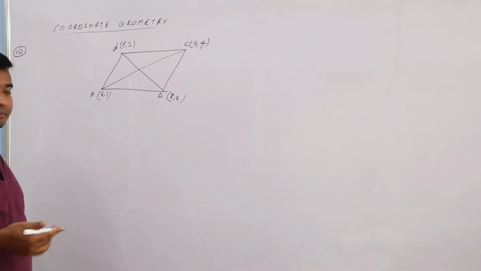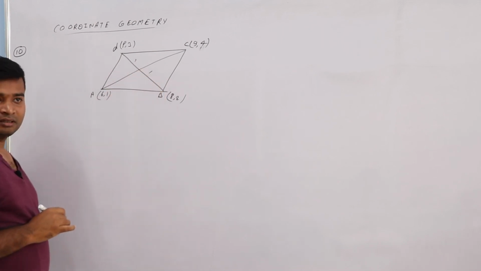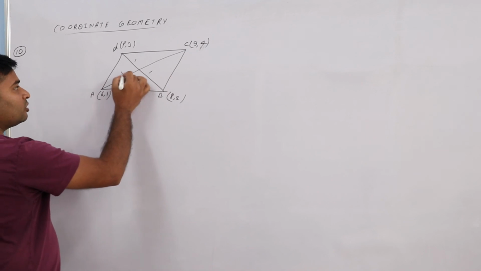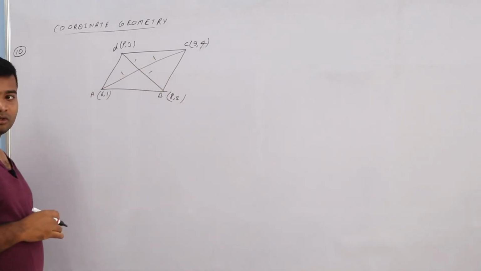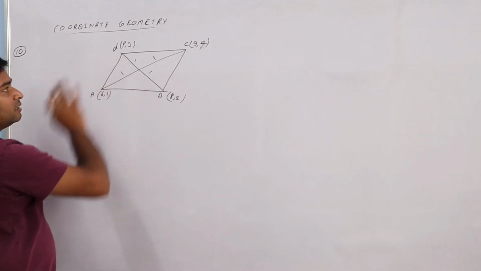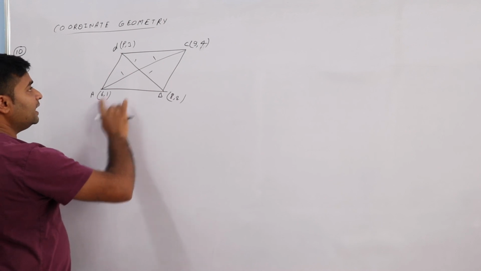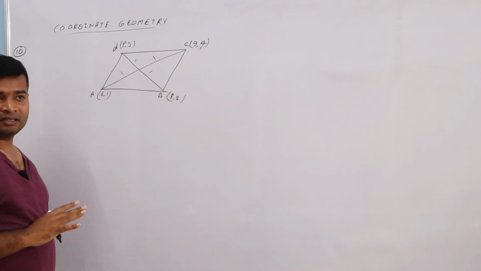Acha, bisect each other means this is 1:1, this is also 1:1. Now find BD and find AC.